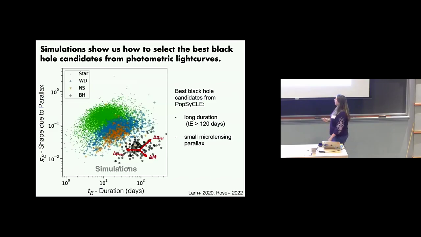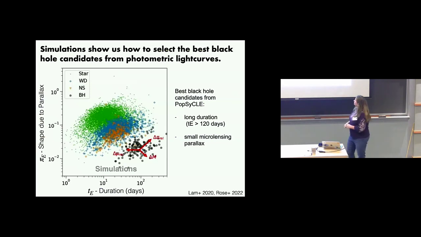If you give it a kick, everything moves to the left. If you increase the mass, it moves down and to the diagonal. And if you change the relative parallax, you separate things more, and then things move up and to the right. So this encodes galactic structure, kick velocities, and mass functions.